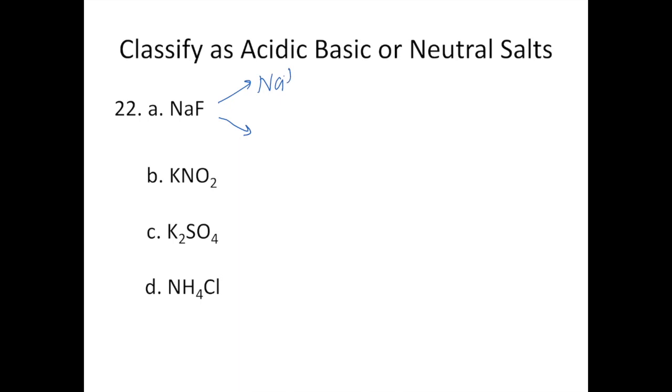So I have Na plus and I have F minus. Na we know came from a strong base since that was NaOH. That's neutral, and there's no change in pH. But now we have an anion that came from a weak acid. So it's acting like a weak base, and so this is a basic salt.